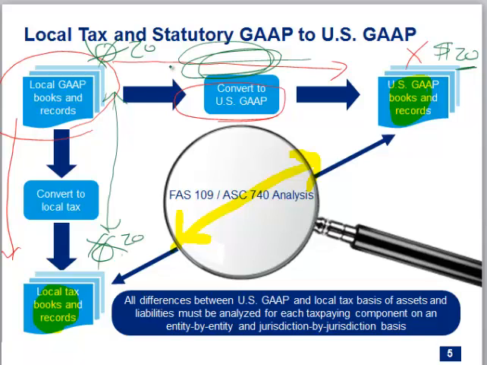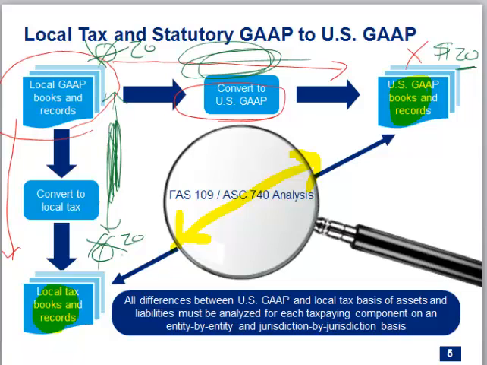So most people would think, well, my temp and perm items I can define only with respect to this line. But my temps and perms are anything in that yellow two-direction arrow line, anything that is a permanent or temporary difference between GAAP and the tax return, that affects your provision.